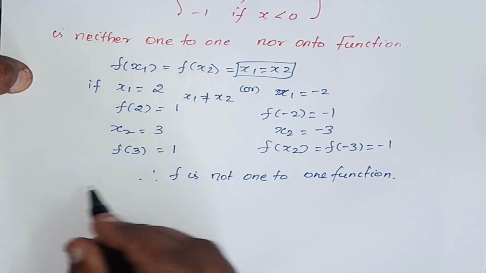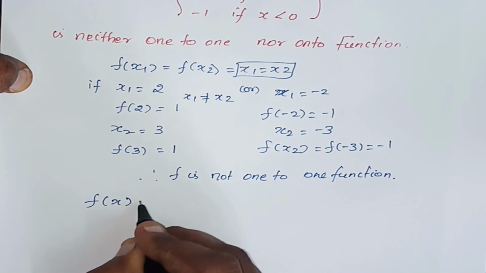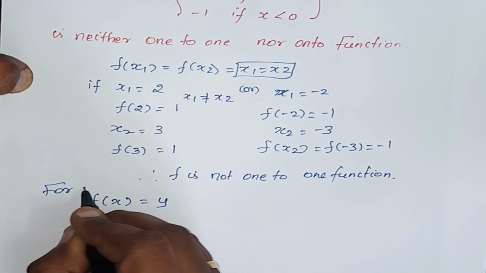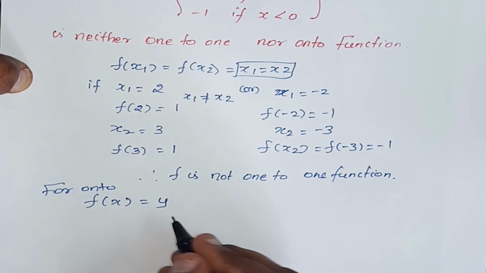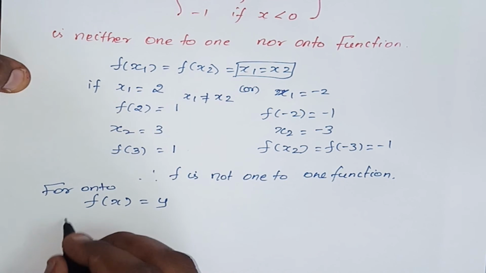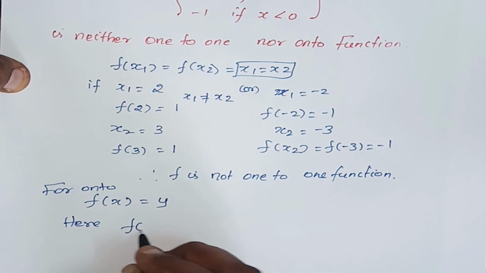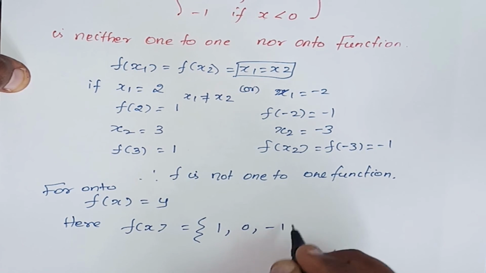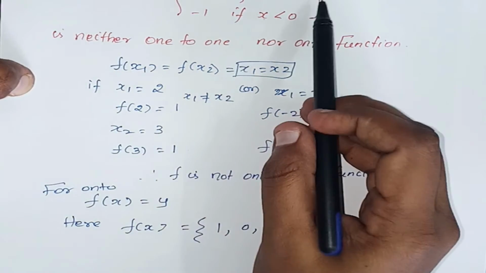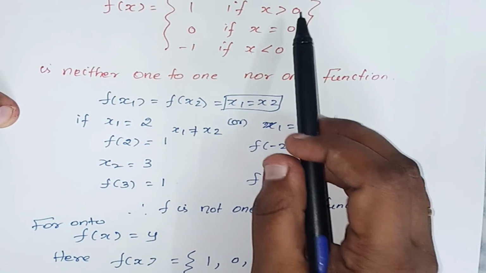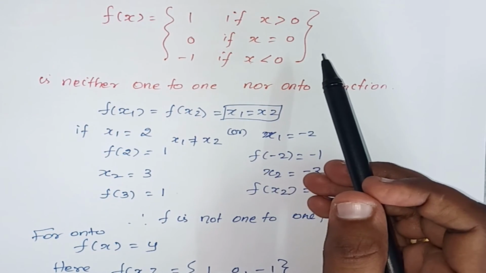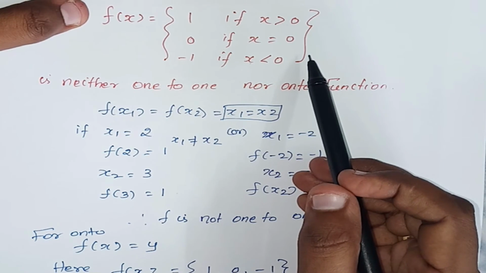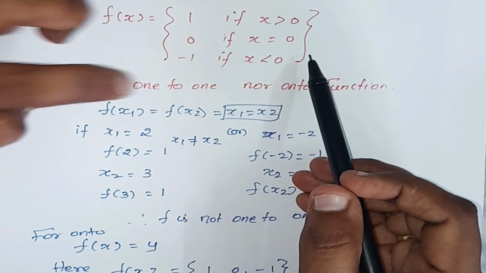Next we need to prove this onto. So for onto check, we need to prove f of x is equal to y. For onto function, f of x is equal to y. Here f of x is nothing but only three values, 1, 0 and minus 1, right? So if you are taking any x value, that should be a positive or negative, any integer, the output of f of x should be 1 or 0 or minus 1.